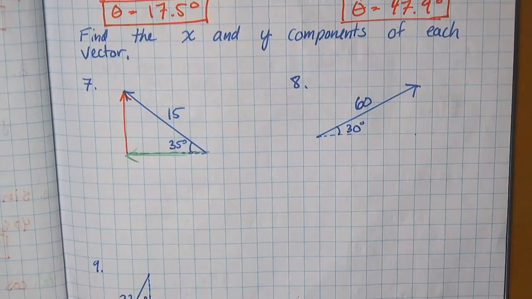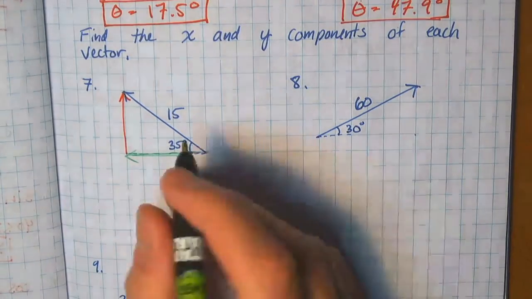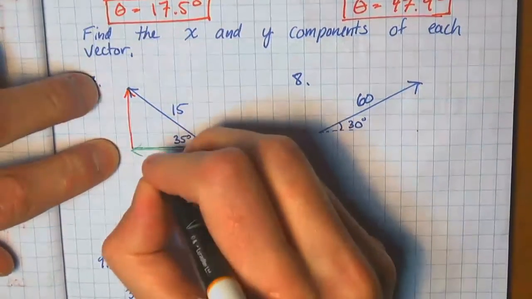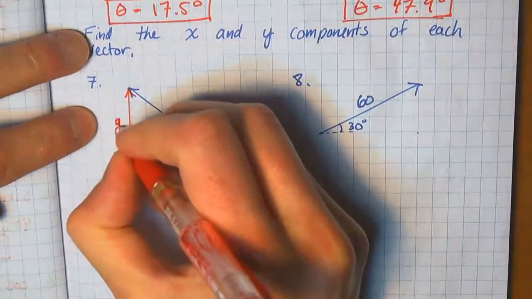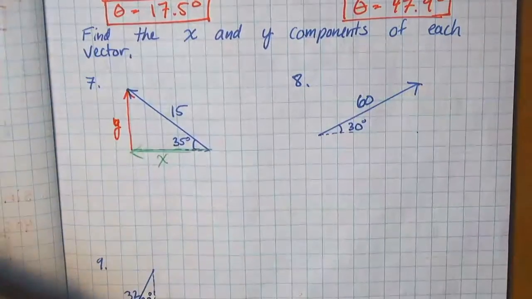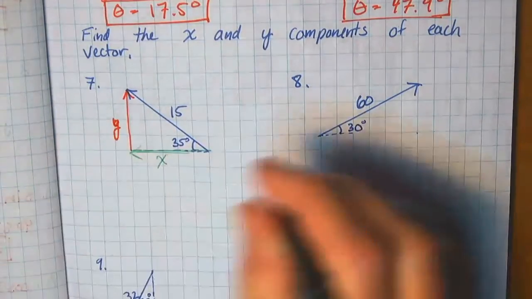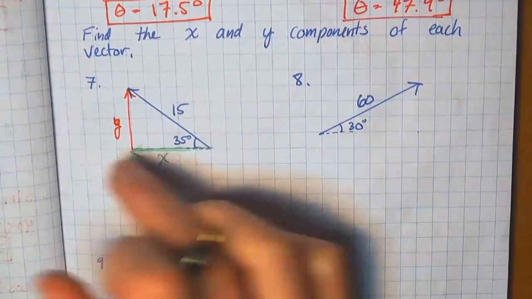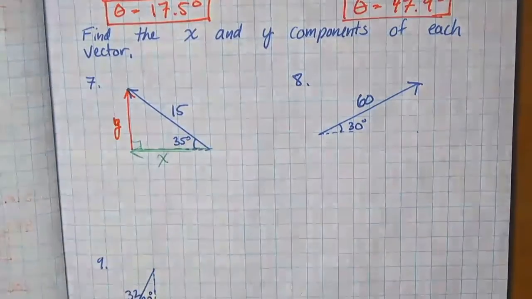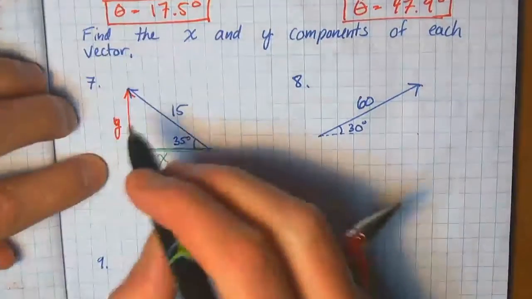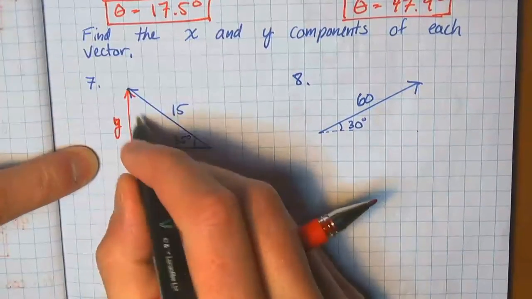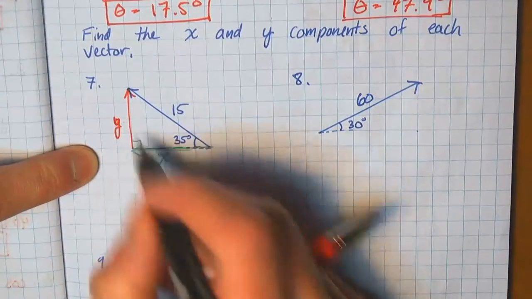So for the horizontal piece, we'll call that one X, and we'll call this one Y. Now it's the same process as we had before, thinking back to problems 1, 2, and 3. To make things a little bit faster for X, because we're starting to see the pattern here, I have the hypotenuse, I'm looking for the legs.